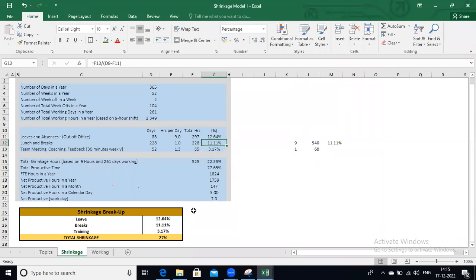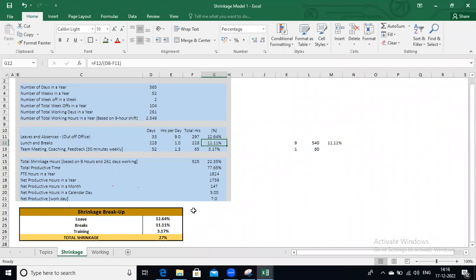So now I hope it is clear to everyone how we get in-office shrinkage. Yes, so out of office shrinkage includes leaves and absenteeism, planned or unplanned. And in office includes all the productive activities, including lunch and breaks, right?